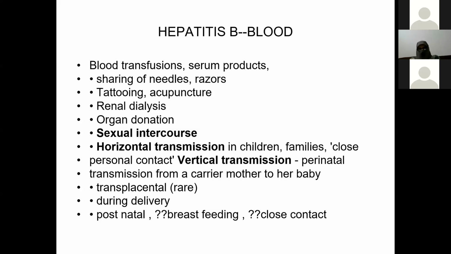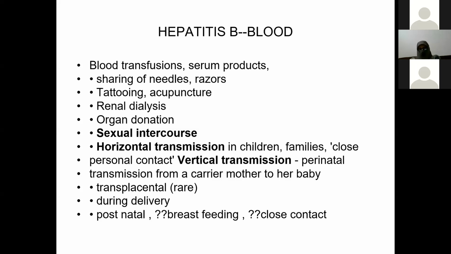Okay, I again repeat that this is a list by which the hepatitis B can be transmitted from one person to another, but किस एरिया में कौन सा मोड ऑफ ट्रांसमिशन सबसे ज्यादा होगा, तो वो एरियाज जो पेंडेमिक है, like few areas of Africa where there is pandemic, the most common route of transmission is perinatal or vertical transmission.